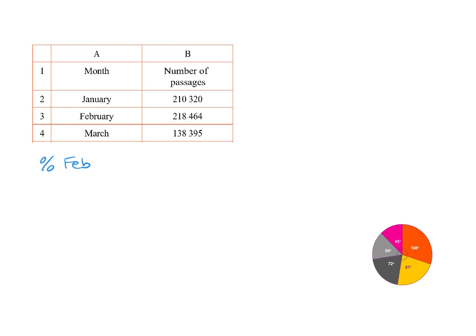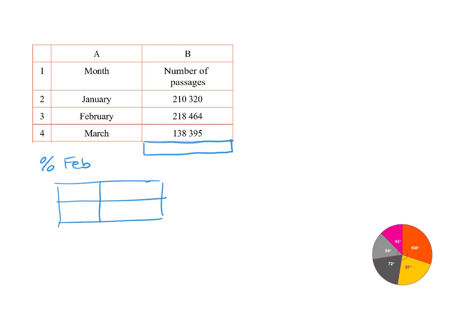So you could do this in several different ways. I think one of the easiest ways of doing it is just with your proportionality table. So let's just put this together very quickly here. And for this, you're going to need to add up the total number of passages for all of them. So we will need to add an extra little box at the bottom here and say, well, what's the total number for January, February, and March?